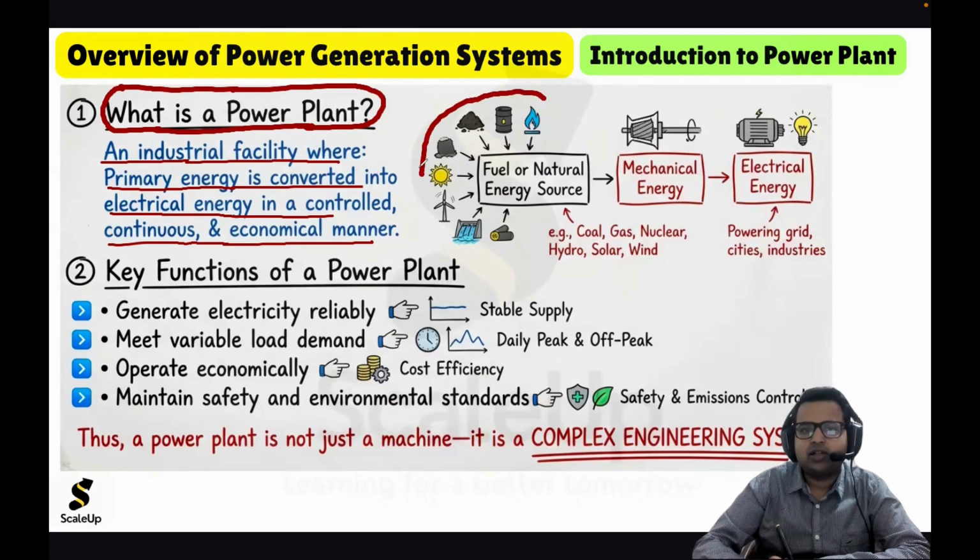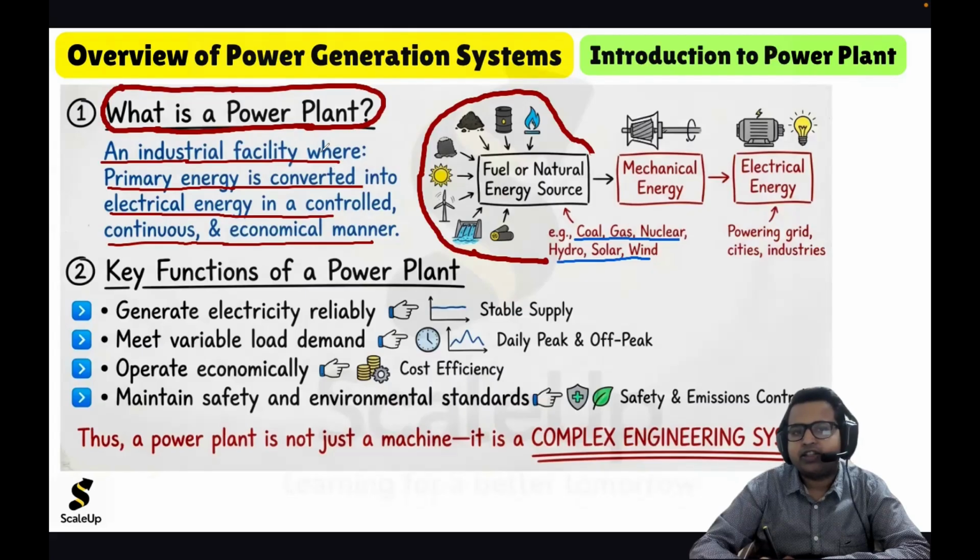We have coal, gas, nuclear, hydro, solar, wind. These are primary energy sources. In a power plant, these energy sources are converted into electrical energy in a controlled, continuous, and economical manner.